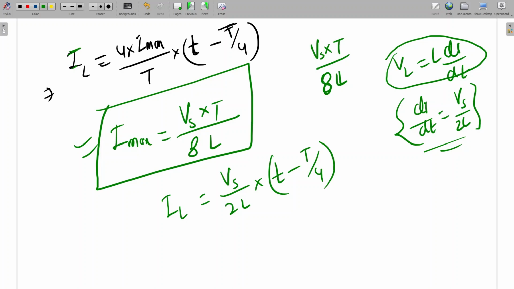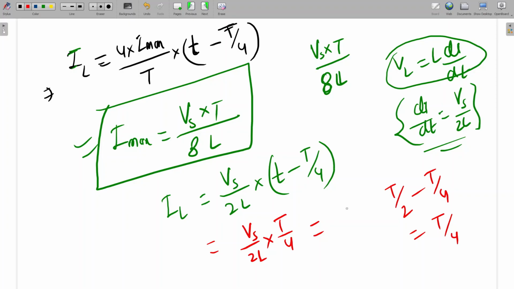If I put t equal to T by 2, then T by 2 minus T by 4 will be T by 4 only. So that will be Vs upon 2L into T by 4, which is Vs into T upon 8L. So this will be IL max.